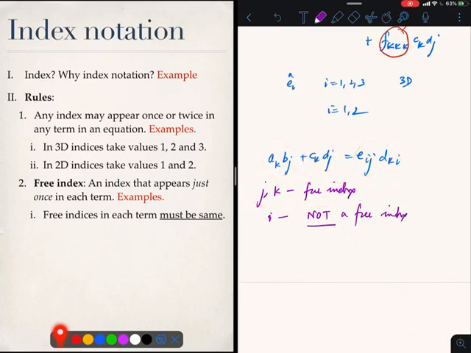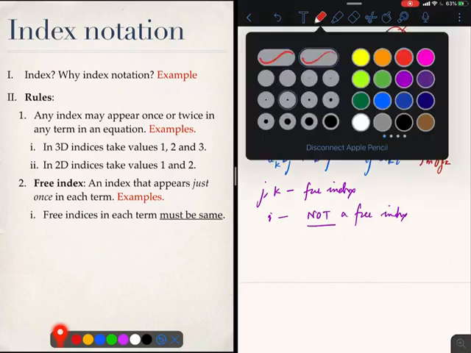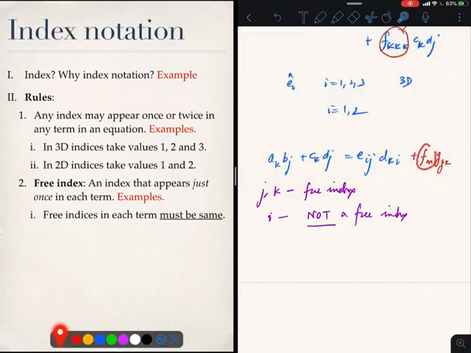So that means I cannot add a term like this: f_m g_ijk rather, g_jk. So why can't I add this term? Even though j and k are here as they should be, this term has a new free index.